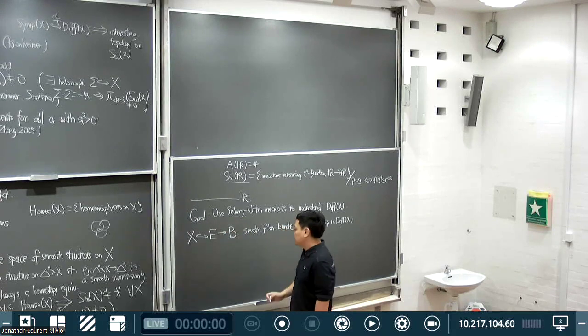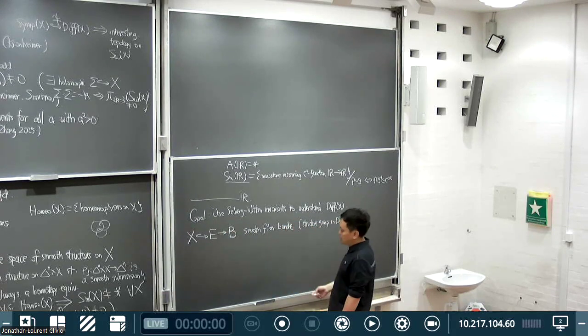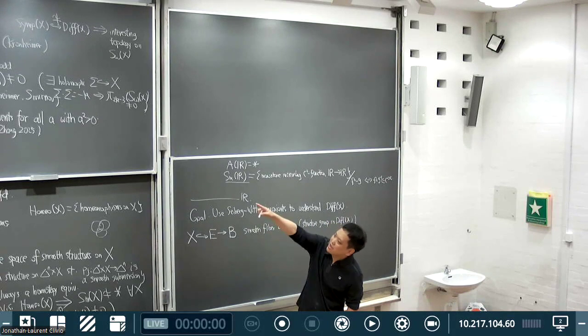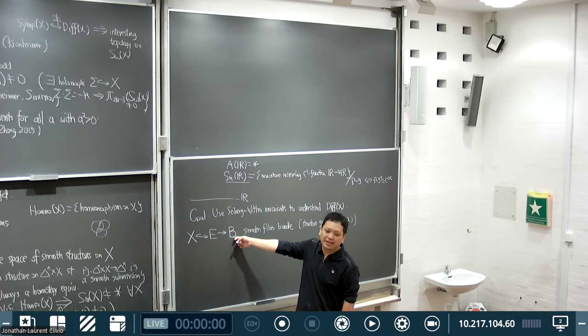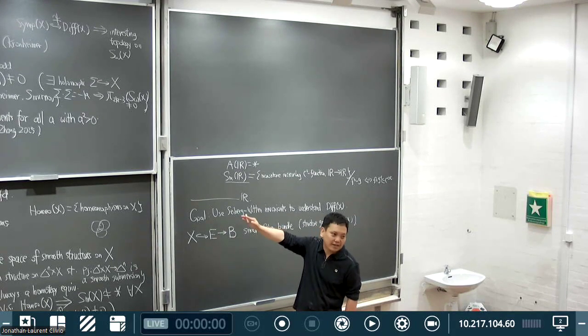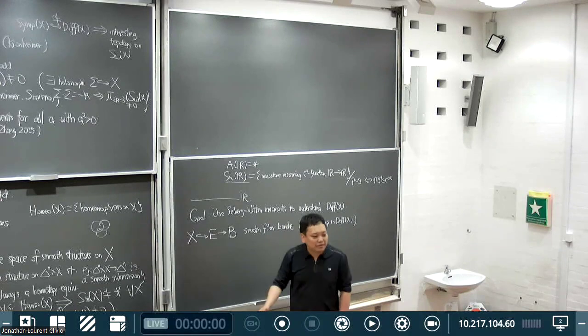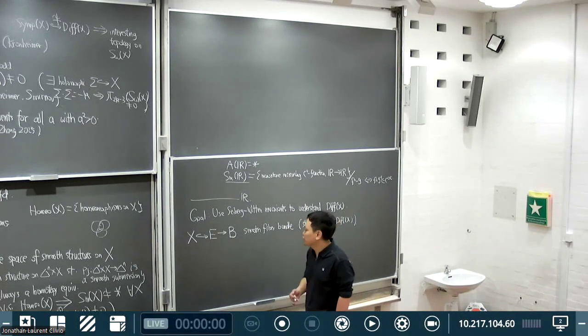For most of the time, I'm just going to assume B is a manifold. Although, in the end, we want to set B to be the classifying space, which is not a finite dimensional manifold. But it turns out that we usually only care about the topology up to a certain range, so we can approximate that by a finite dimensional manifold. That's not too big an issue.